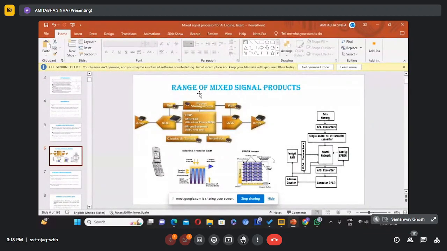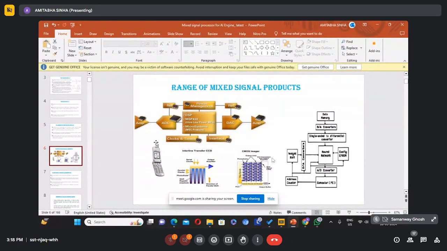So these are some examples which give you the range of mixed signal products. Just now I told you that DSP processors are available in a chip where ADC, DAC, memory, controllers are all available in the same chip. So the examples are there.